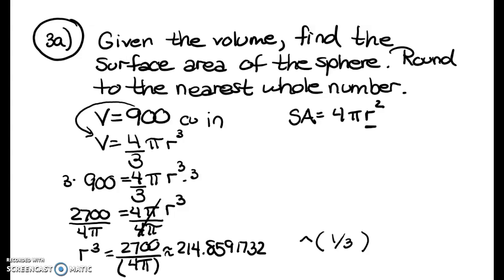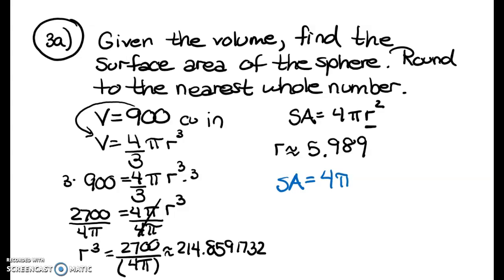Okay, and I get for my radius, I'm going to use 3 decimal places, 5.989. So now all I really have to do is plug that into my formula. So my surface area is going to equal 4 pi times 5.989 squared.